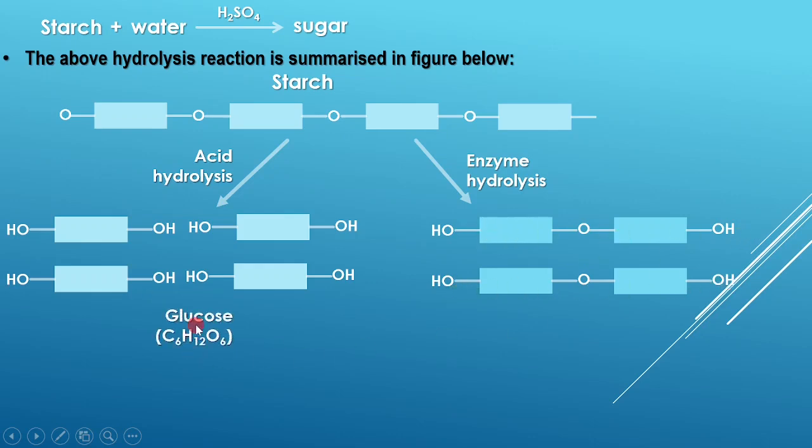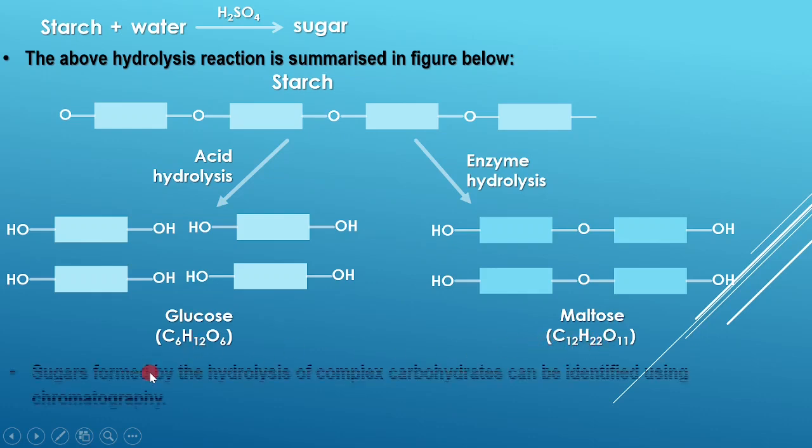This is the formula for glucose. This is maltose, and this is the formula. If this is 11, this should be 24, I mean 22. So this is 12. All right, so this is maltose. This is glucose, and this is the formula for glucose. You need to know it. Maltose, this is the formula for maltose.